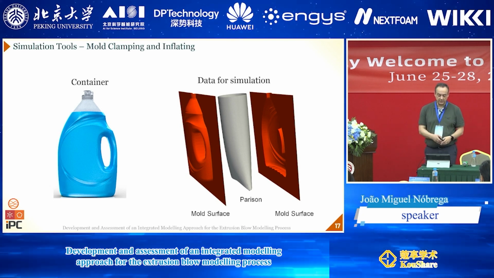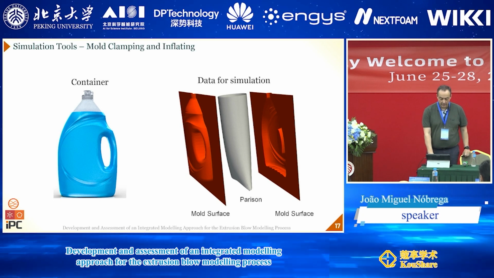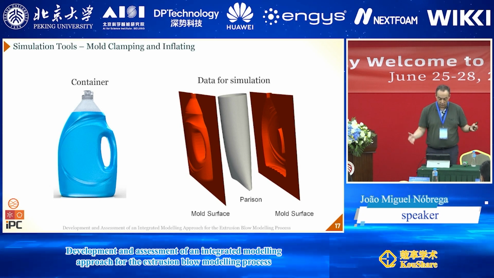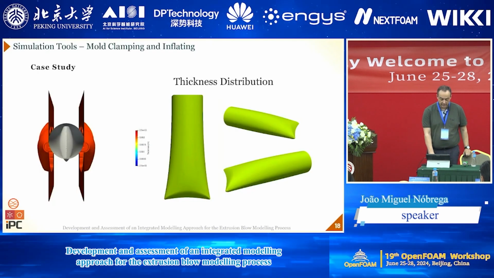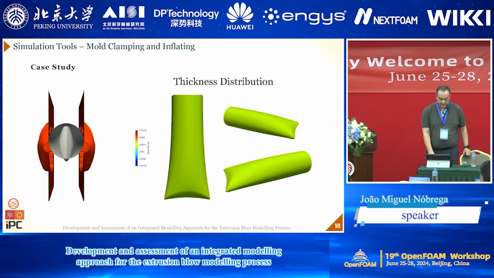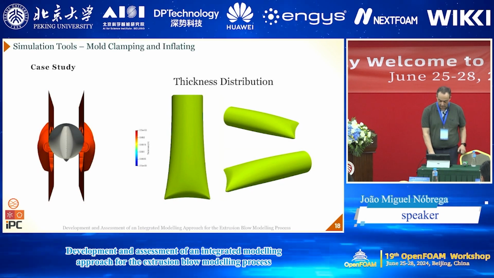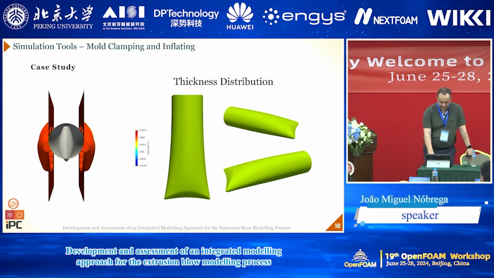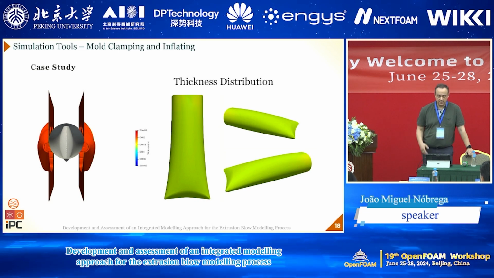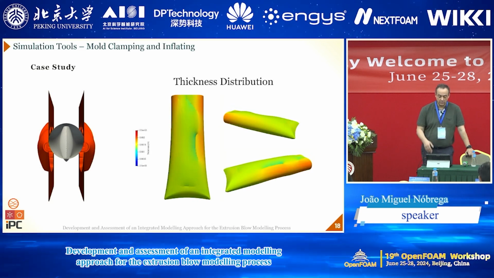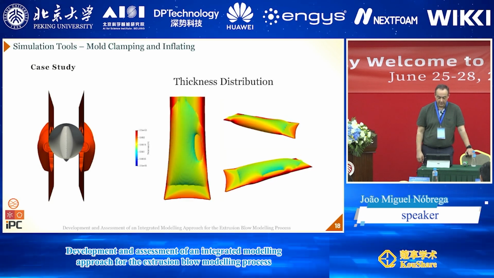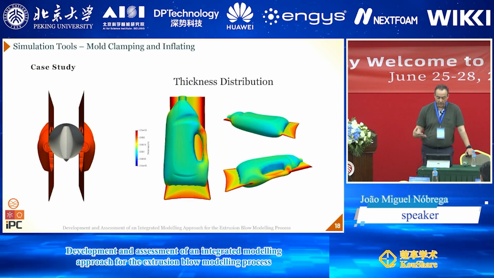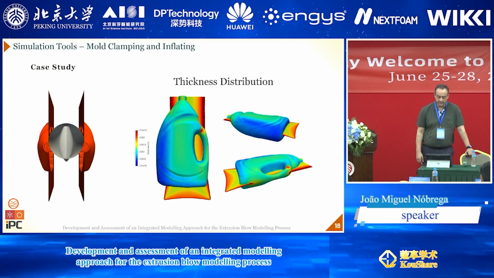consider we have this container for simulation. What we need are the molds, we need the parison geometry in this case, and what we have illustrated here is the setup for the calculation, and this is the initial parison, then the mold. Right now the mold is closing, and then it starts the blowing part that inflates the material.